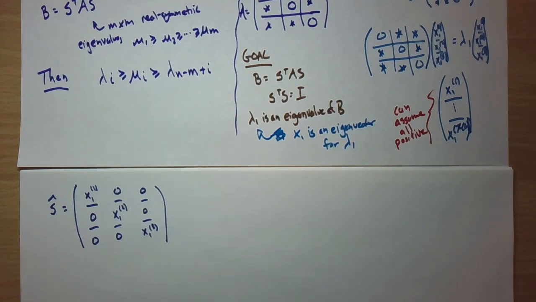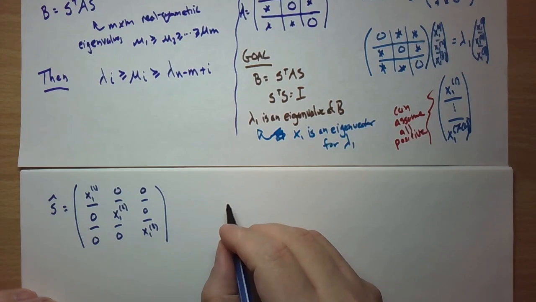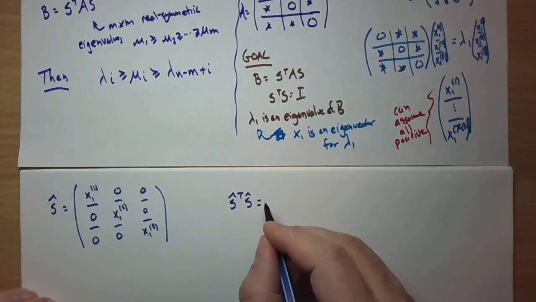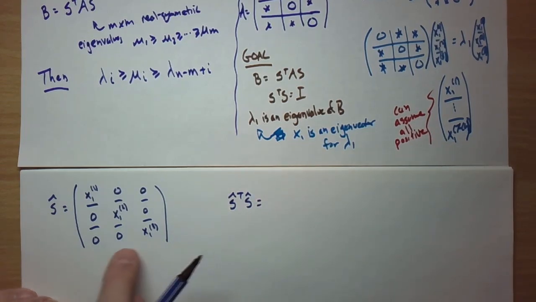All right? Now, is this our S? Probably not. Why not? Because it has a hat on it. Okay. All right. So what's our problem? Well, when you take S hat transpose S hat, these columns are orthogonal.